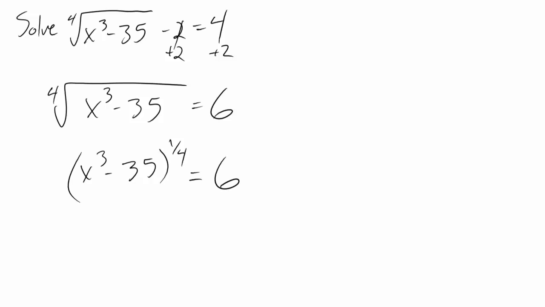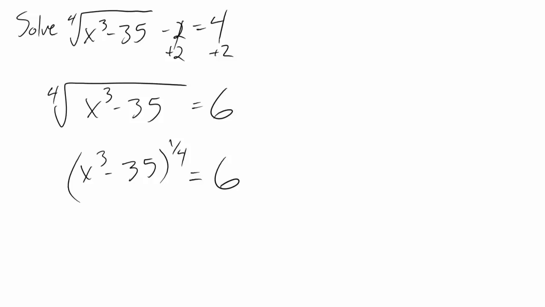But actually, logarithms are completely unnecessary. This is not a problem with an exponential in it at all. Remember, exponentials are defined to be things that have a variable located in the exponent. In this case, our exponent for the bigger quantity is 1/4. It doesn't have a variable in it, so we don't need a logarithm.